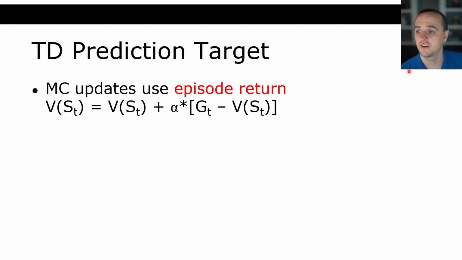So the prediction target, meaning the value we want to learn, for Monte Carlo is the episode return. That means our new value at a state is going to be equal to the old value plus alpha, which is our learning rate, times the episode return minus the previous value.